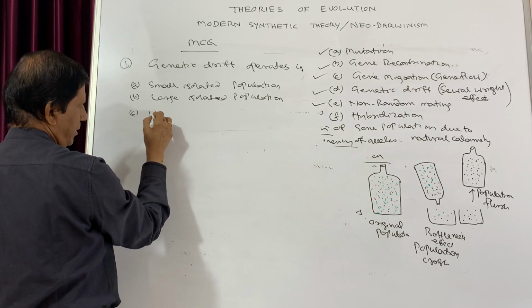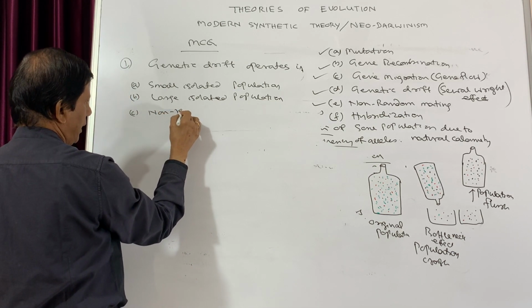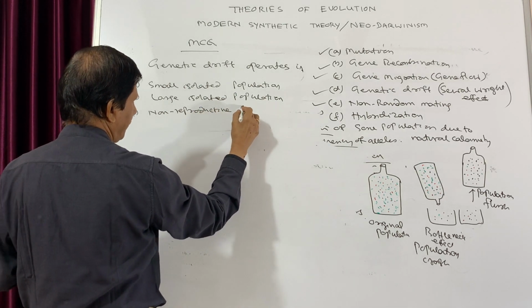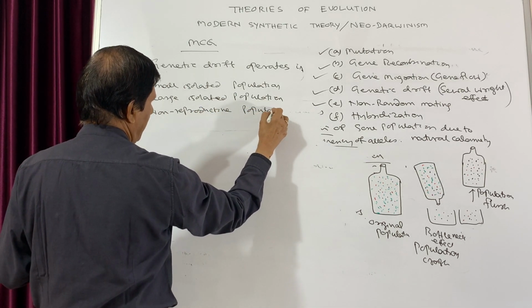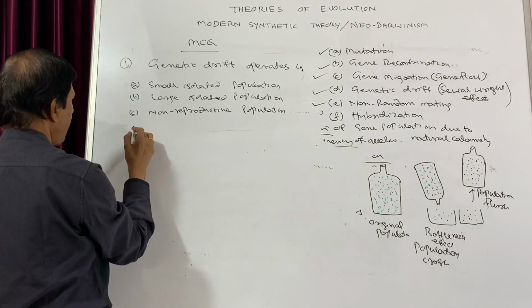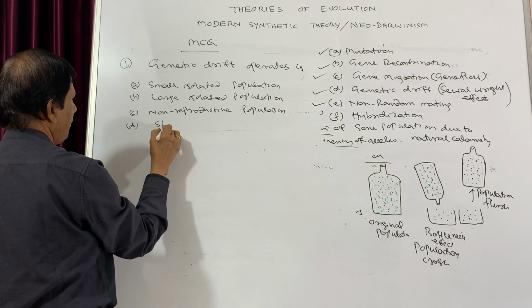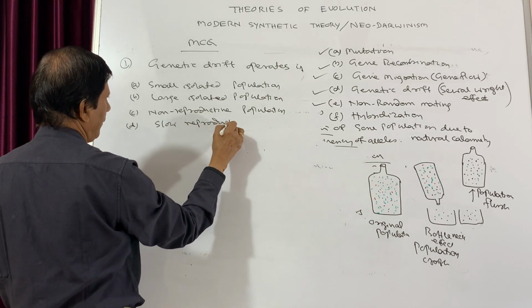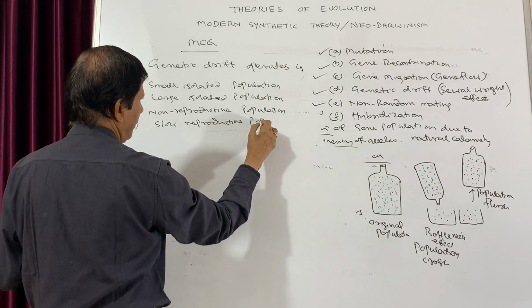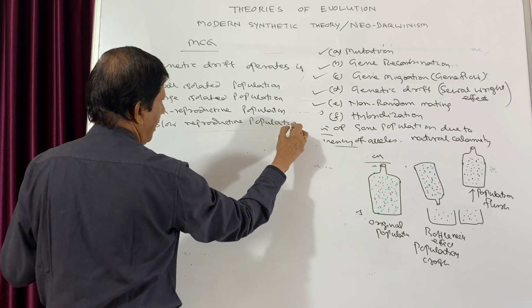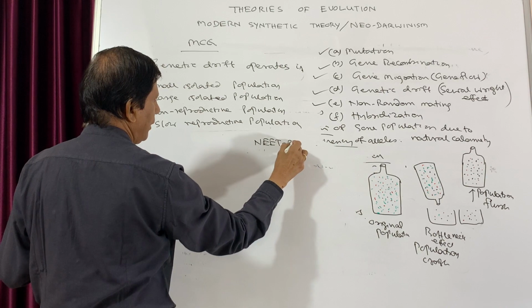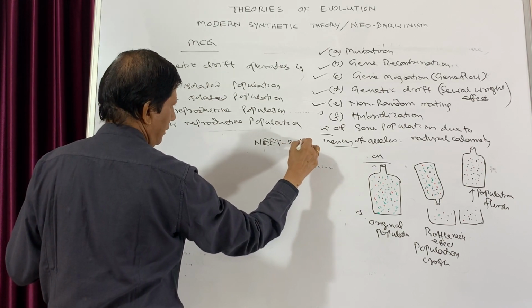Third point, non-reproductive population. And the fourth point is slow reproductive population. This question was asked in NEET 2016.